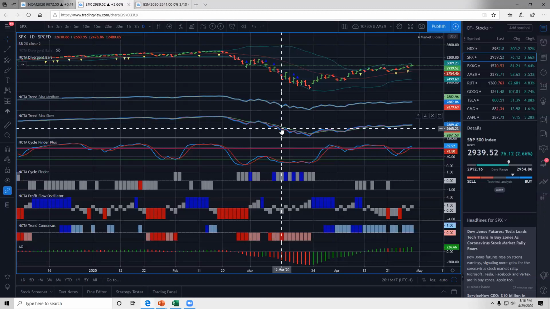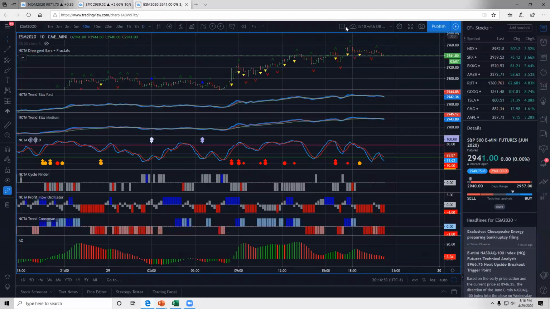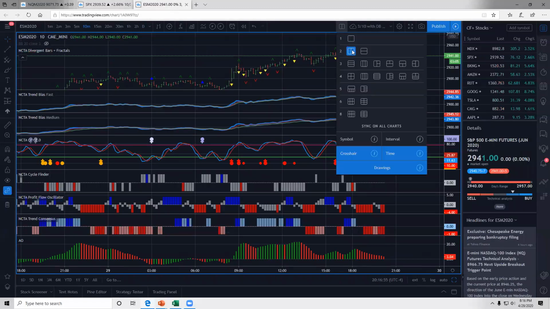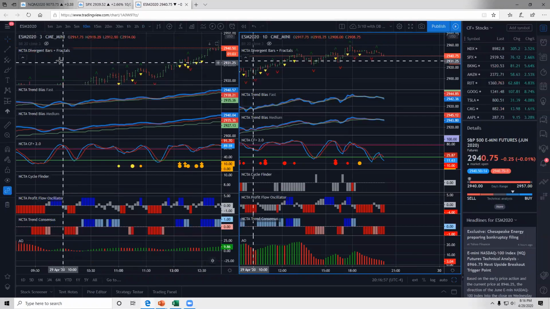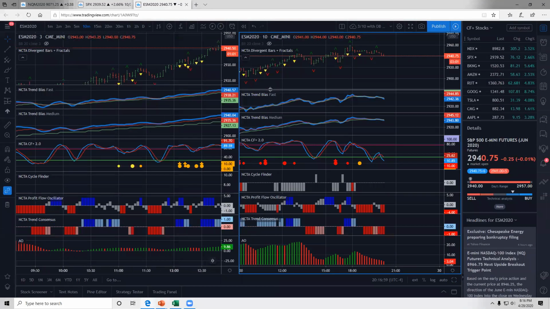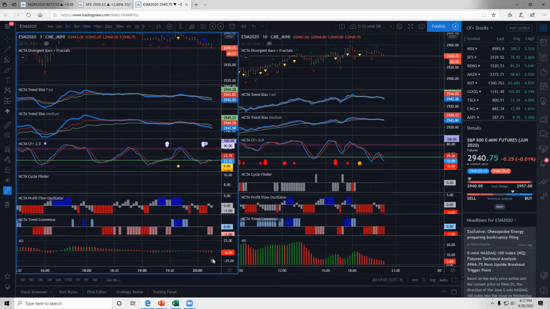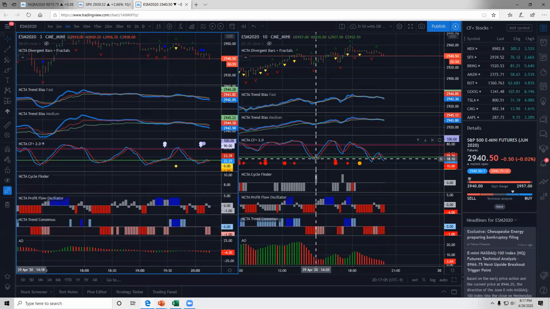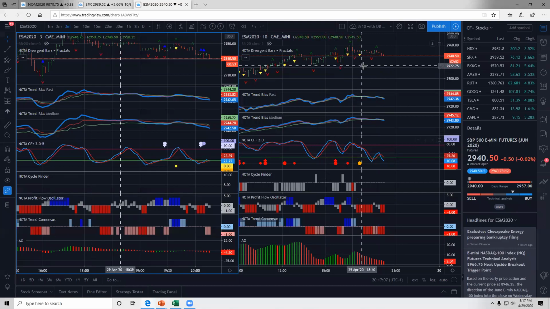So when you look at what Michael shows every day, he's primarily looking at 10-minute and 3-minute charts. So you'll see side by side a 3-minute chart and a 10-minute chart, and we're looking for alignment between Cycle Finder Plus on those two timeframes. When you get that alignment, and then you also see a divergent bar on one or both timeframes, you're starting to stack the deck in your favor in terms of technical signals.